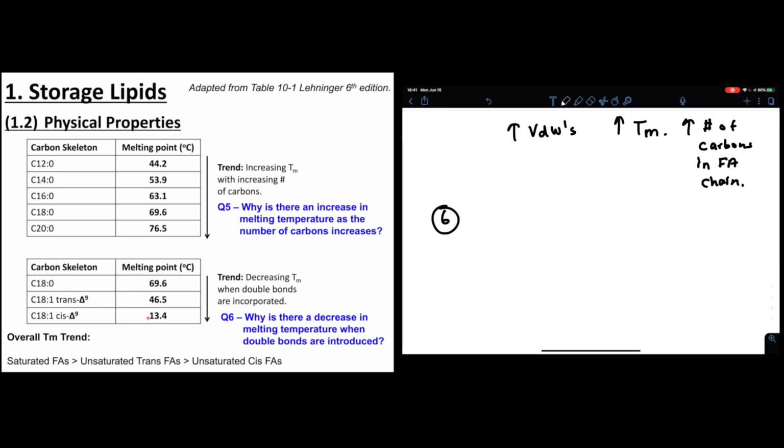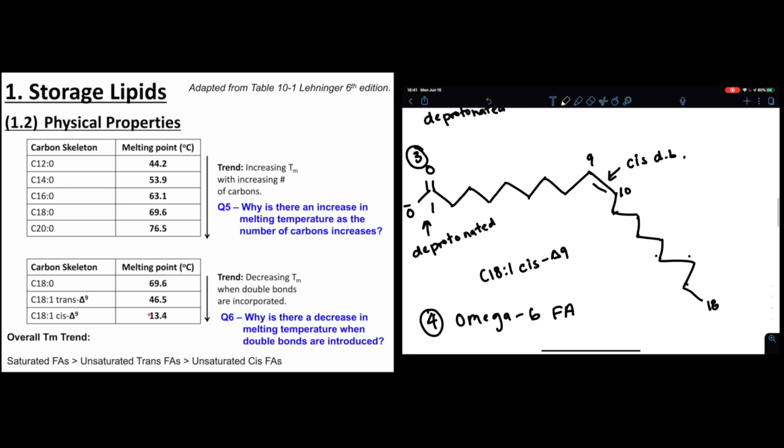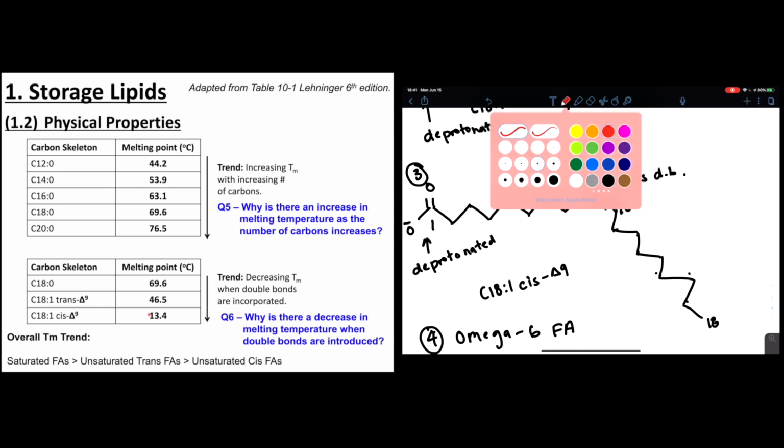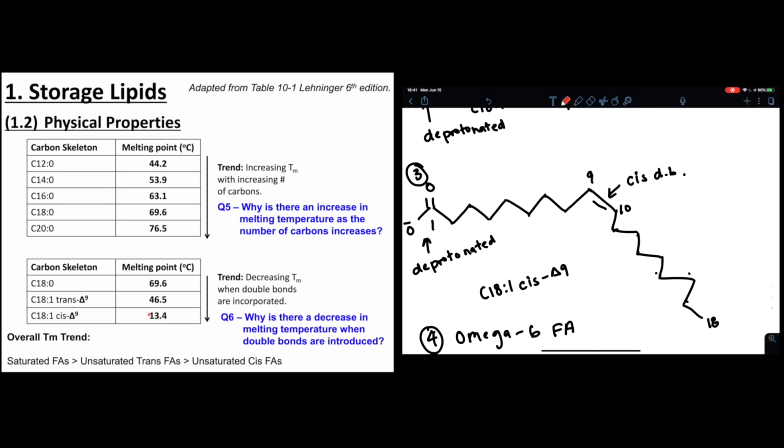That's what question 6 is asking. And the reason behind this is because of what we call kinkiness. Okay, kinks. So unsaturated fatty acids are more kinky in that the carbon chain is going to kink outwards, okay? Don't get any other ideas in your head there. So let's go back over here to this diagram that I wrote to you in question 3. When we put in a cis double bond like this, it is considered to be kinky, right?